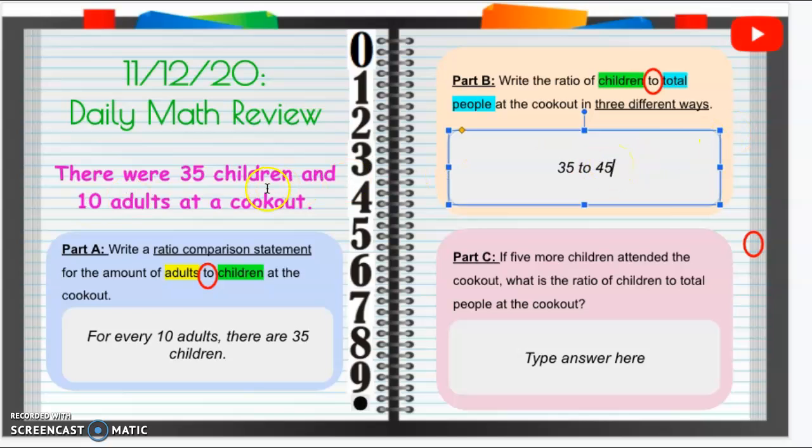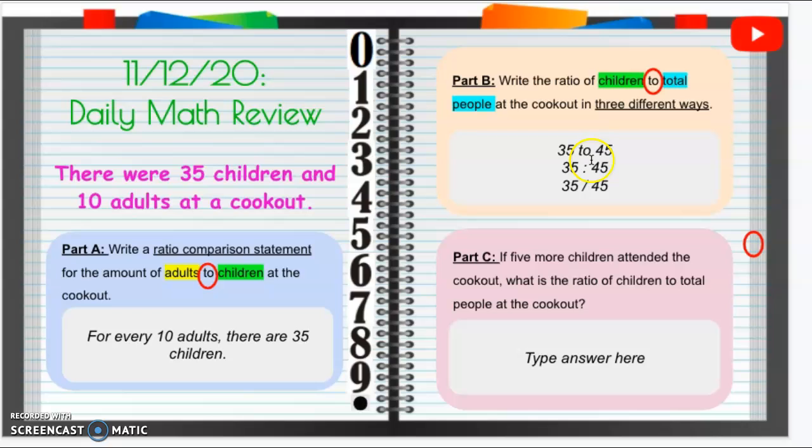So the total amount of people at the cookout is 45. Remember, that's if you add 35 plus 10 to get the total amount of people. So that's one way we can write it with the words. We can also write it with the colon, so 35 with that colon, 45. We can also write it with a fraction, 35 over 45. Awesome, there's our 3 ways.